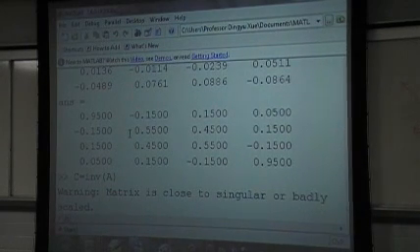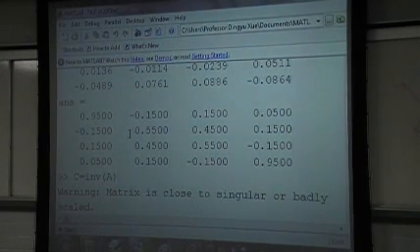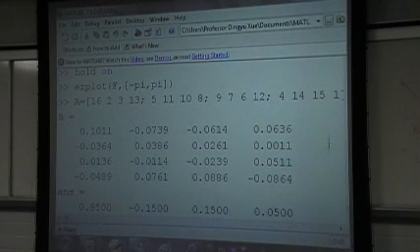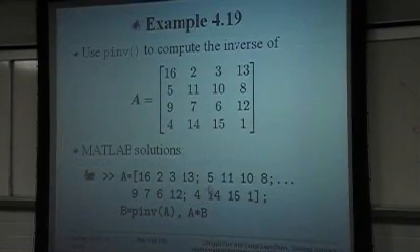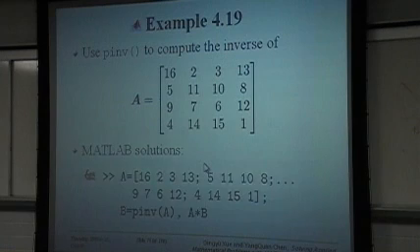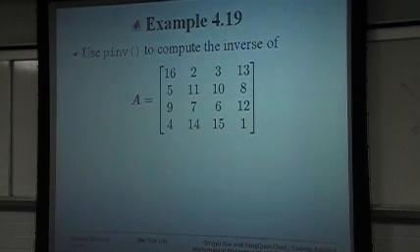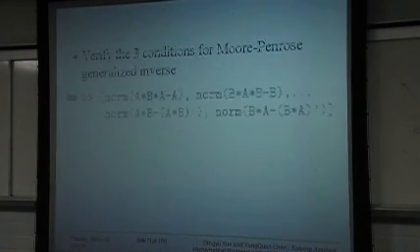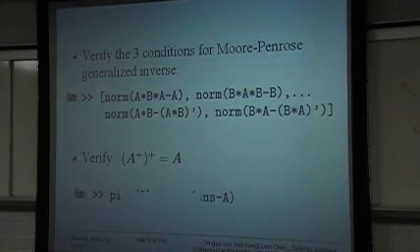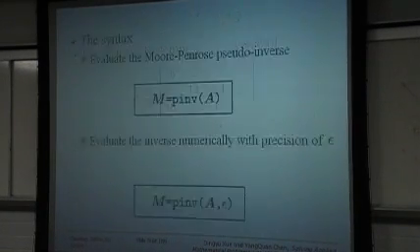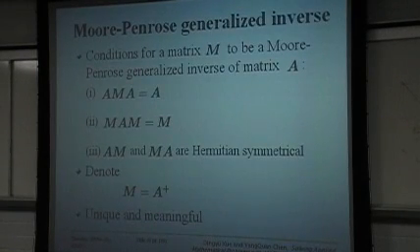AX minus B is minimized. So this one is unique. It is kind of an inverse. It's not the real inverse, but the pseudo-inverse. If we check the conditions, AB equals I will not be satisfied. But if we check the three conditions, we will find that they are all satisfied.